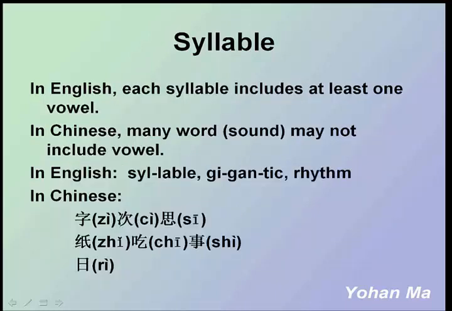Let's talk about syllables again. In English, each syllable includes at least one vowel. But in Chinese, many words or many sounds can exist without including any vowels. For example, syllable: syl is one syllable, and la ble is another. Gigantic has three syllables, each with a vowel in it.